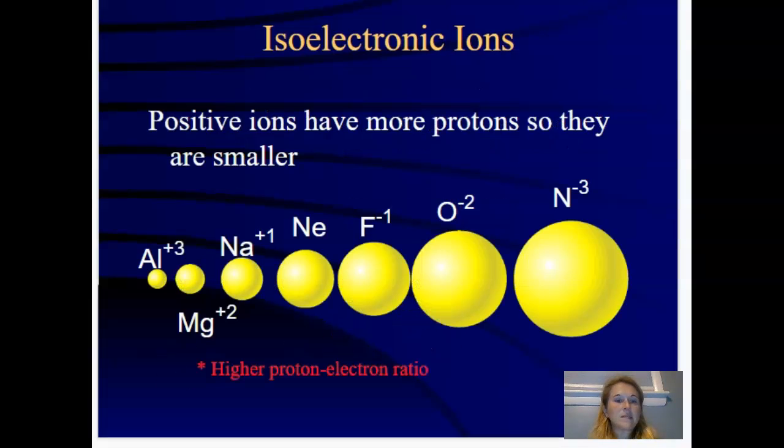However, this is what they actually look like as far as their radius. So we've lined them up from the smallest to the biggest, and it is because of that proton-electron ratio. Positive ions have more protons, so they are smaller because those protons are pulling in on those electrons.